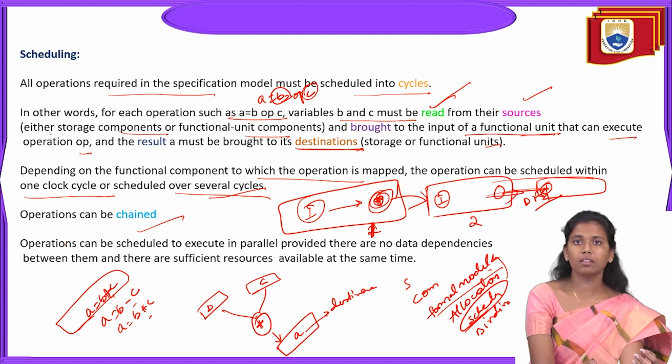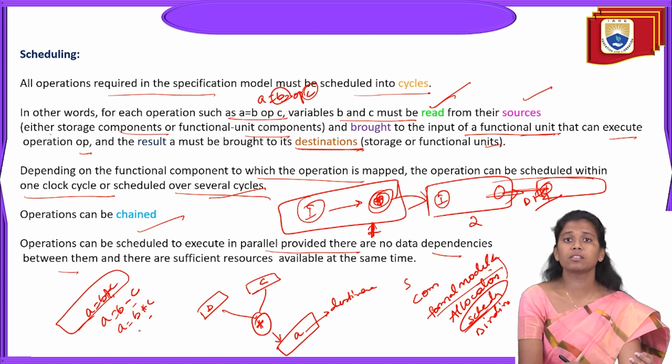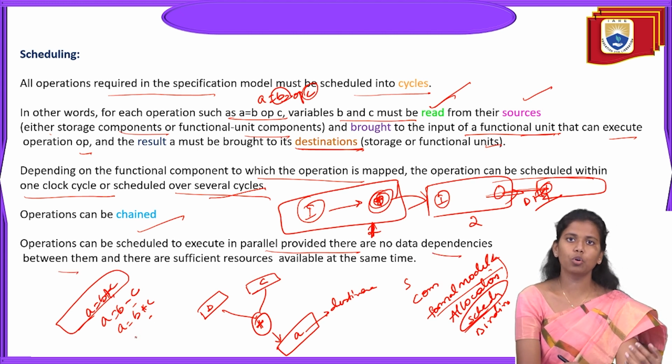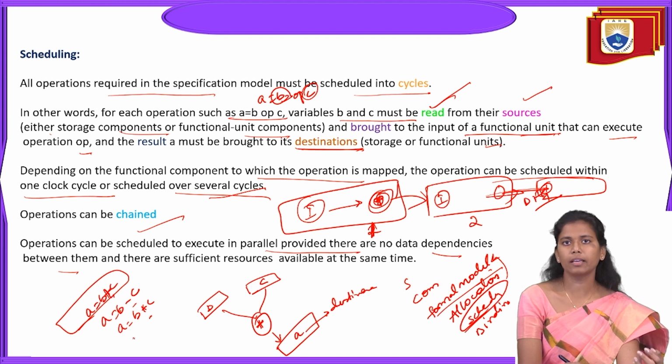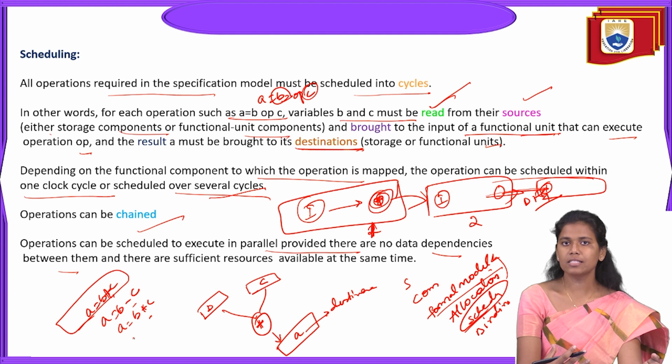Here I can say the operations can be chained, and operations can be scheduled to execute in parallel, provided there are no data dependencies between them. So the execution of the operations can go on concurrently or in parallel, unless there is a data dependency.